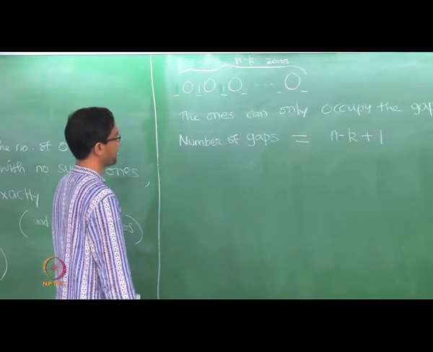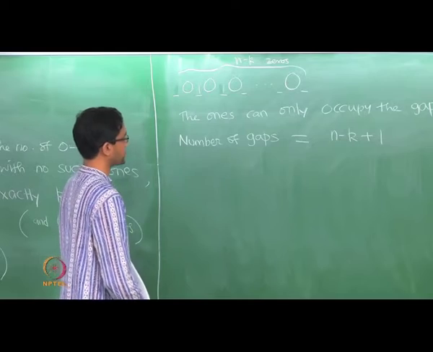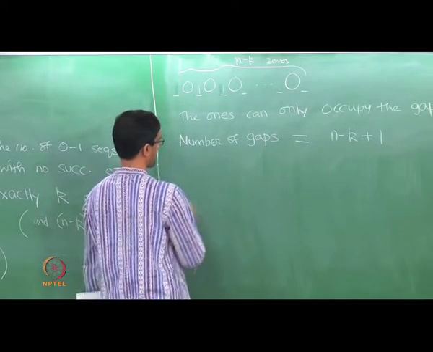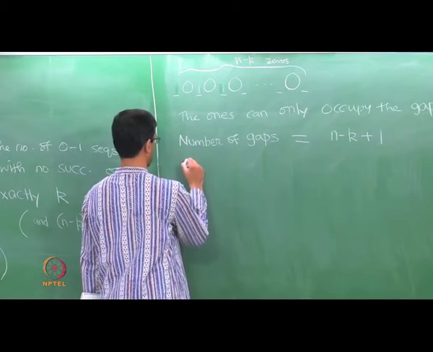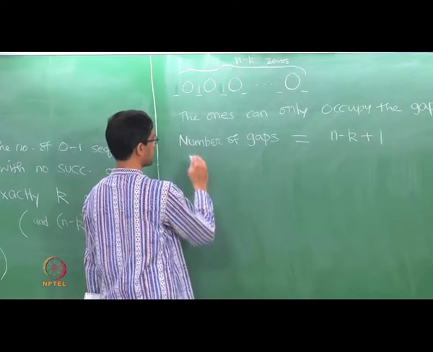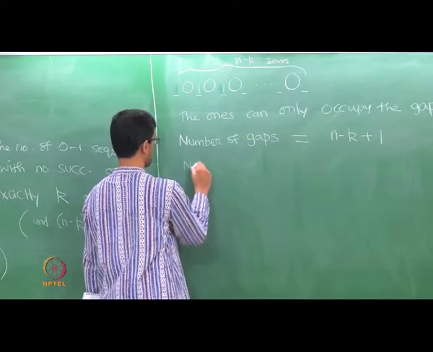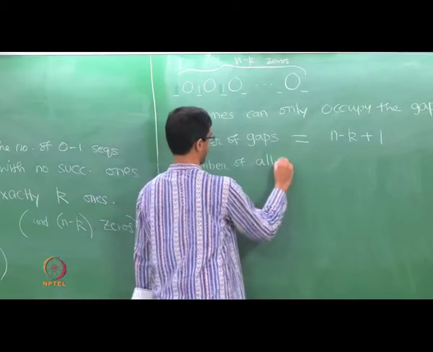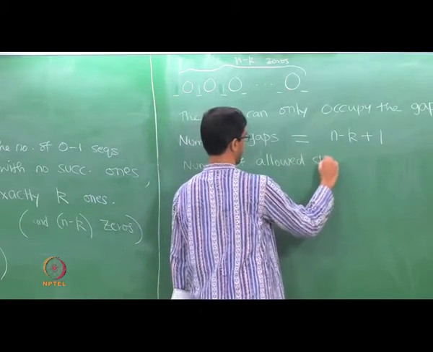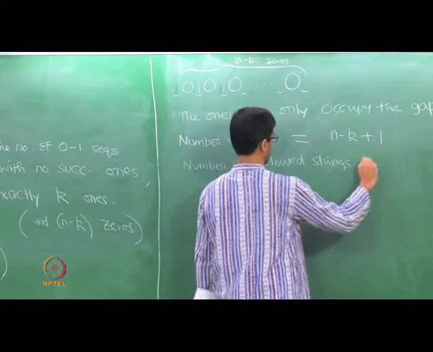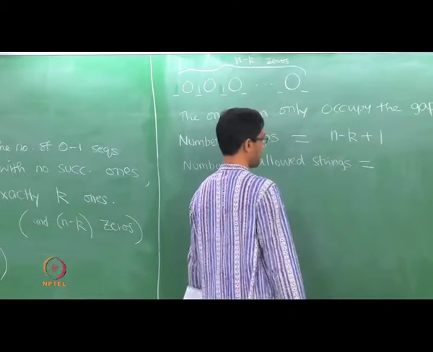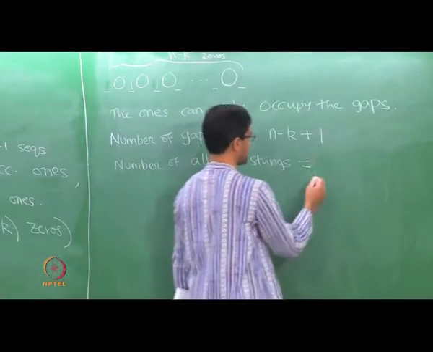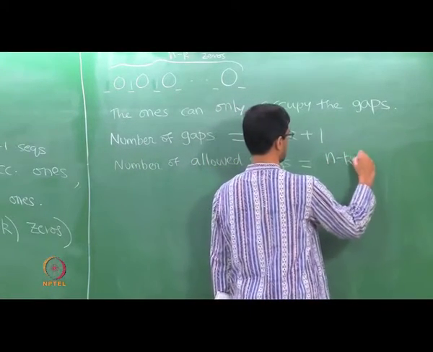Now observe, since there are n minus k zeros, there are n minus k plus 1 gaps, and so amongst these you need to pick out k gaps. So the ones can occupy, there are k ones, so the number of allowed strings is just the number of ways of choosing k gaps from amongst these n minus k plus 1 gaps.